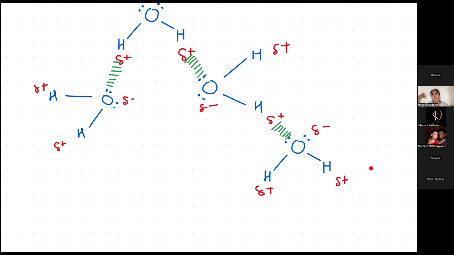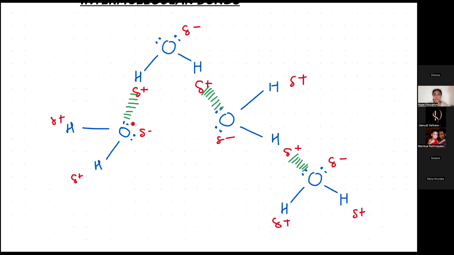So partial negative and partial positive are not real charges. They occur because electrons are drawn towards the oxygen. However, partial or full, these are negative and positive, and negative and positive are always attracted. Here, this oxygen is partial negative, this hydrogen is partial positive. They will form an attraction.